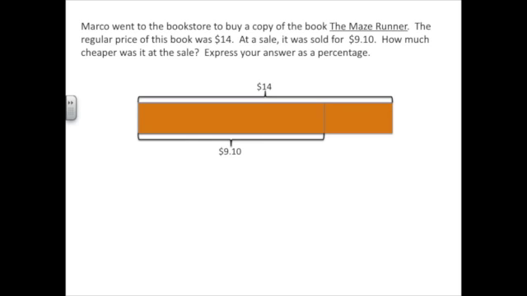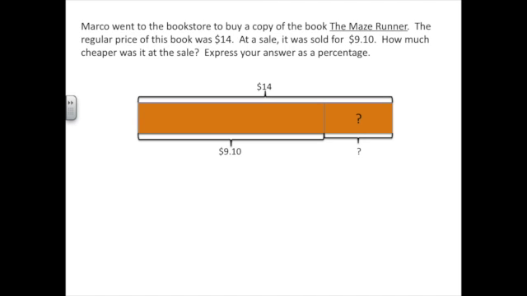I want to know how much cheaper was it at the sale. So I first am going to need to find out how much cheaper it was. So that's my question mark right there. The question mark is how much cheaper it was. Then after I find the amount for how much cheaper it was, I'm going to want to know the percentage.